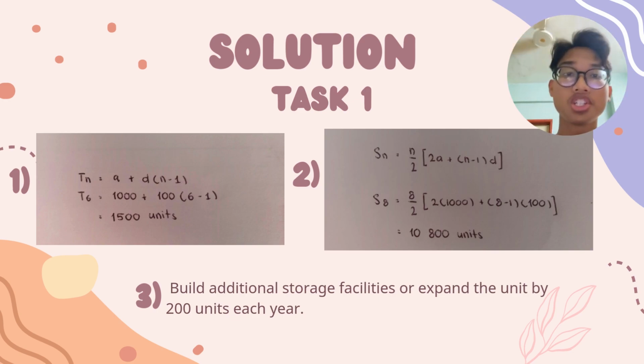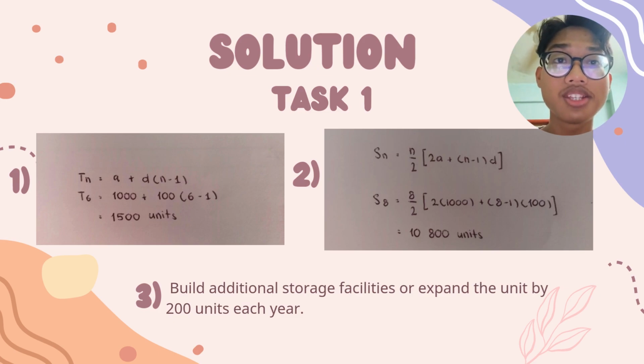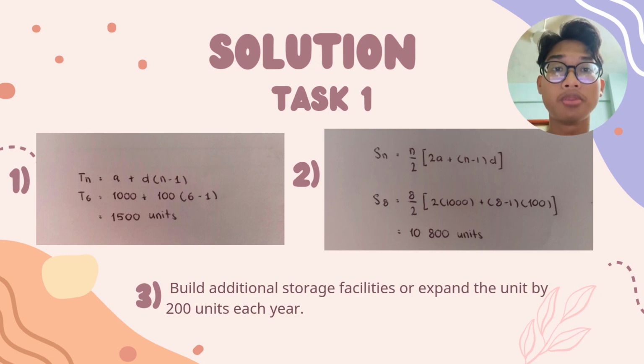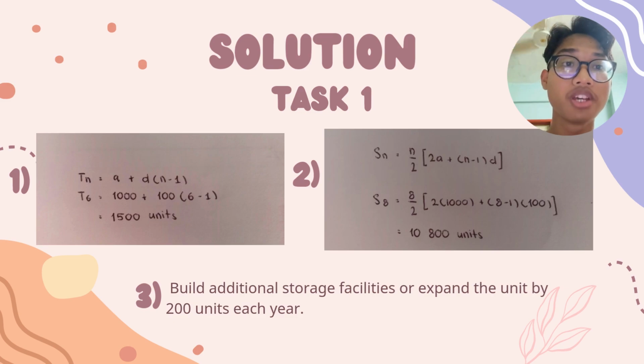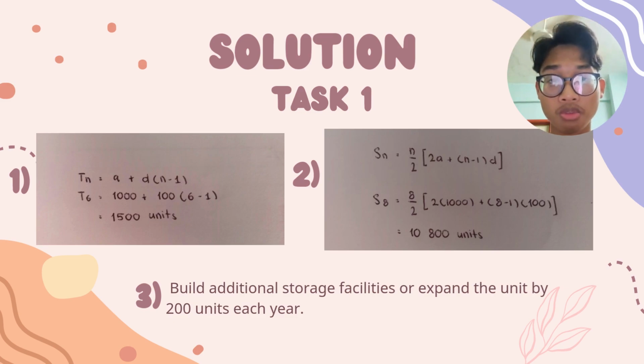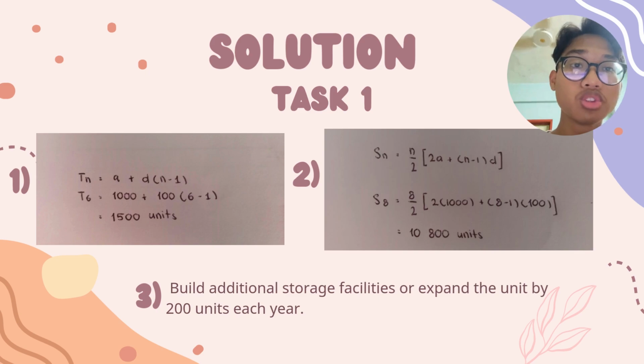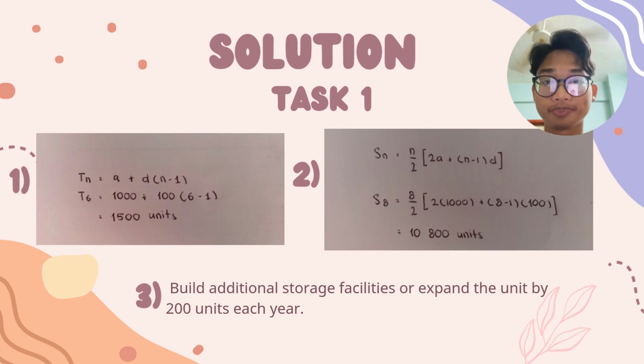So from the question, we get S8 equals 8 over 2 times, in the bracket, 2 times 1000 plus 8 minus 1 times 100, which is the common difference from the earlier question, equals 10,800 units.